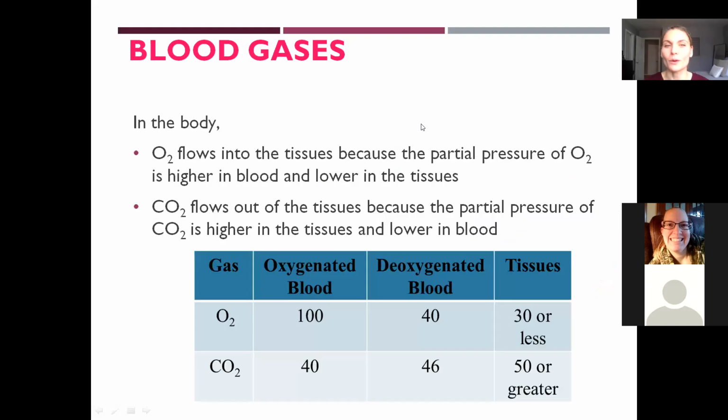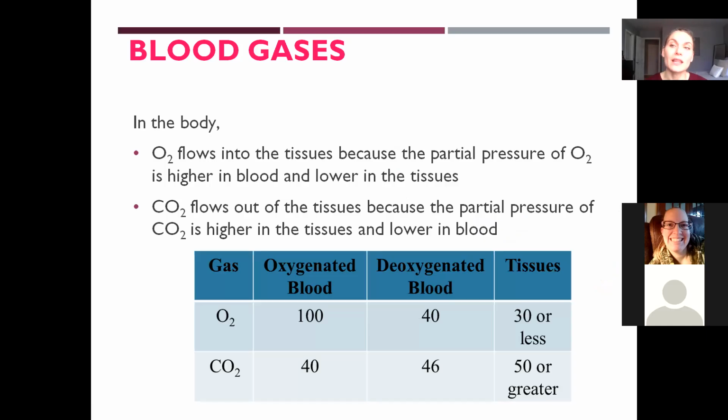So that's why it's so important to talk about. In the body, oxygen flows into tissue because the partial pressure of oxygen is higher in the blood and lower in the tissues. They always want to go from an area of high to an area of low. That's why we're able to pick it up. CO2 flows out of the tissues because the partial pressure of CO2 is higher in your tissues and lower in your blood.